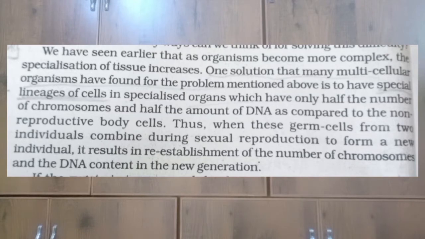With the onset of puberty, the germ cells are found in specialized organs called reproductive organs. The reproductive organs start producing the gametes, or the germ cells, which contain only half the number of chromosomes or amount of DNA.